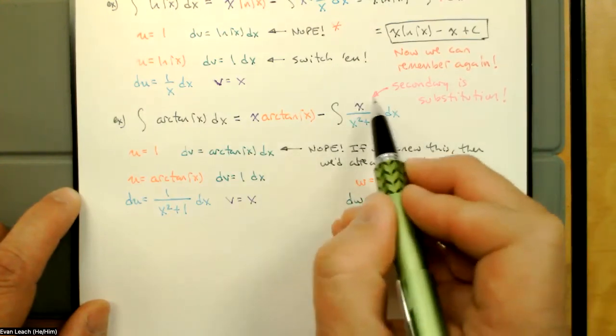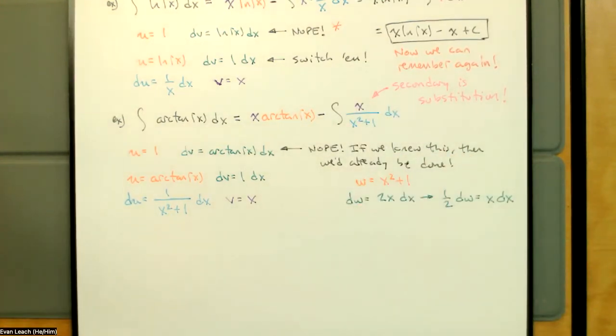So this x dx on top will all be replaced with a 1/2 dw. And the 1 over x squared plus 1 will be written as 1 over w.